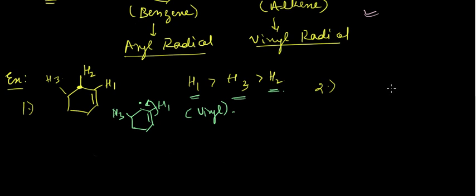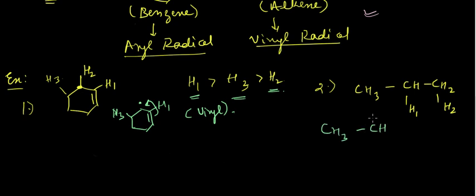Okay, let's do this example. This is H2 and this is H1, so you have to compare the bond energy of H1 and H2. So in free radical, if we make it by removing H1, we would have a free radical like this, CH3 would be here, and if we remove the free radical at this position, we would have something like this.